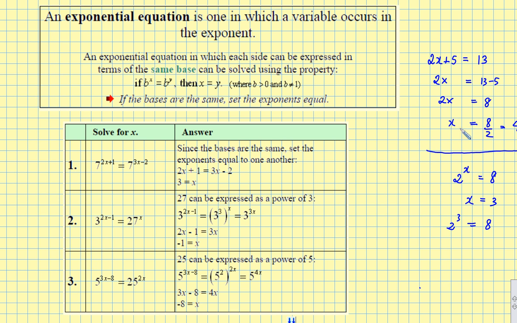So an exponential equation is one in which a variable occurs in the exponent.